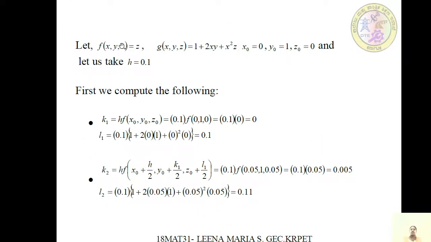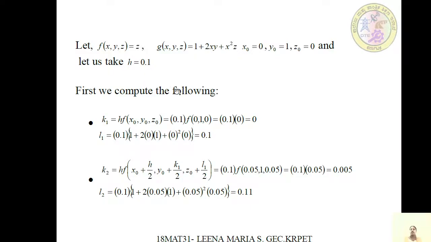So let us consider the first equation. f of x comma y comma z is equal to z. g of x comma y comma z is equal to 1 plus 2xy plus x square z with the initial condition x naught is equal to 0, y naught is equal to 1 and z naught is equal to 0, and let us take h as 0.1.